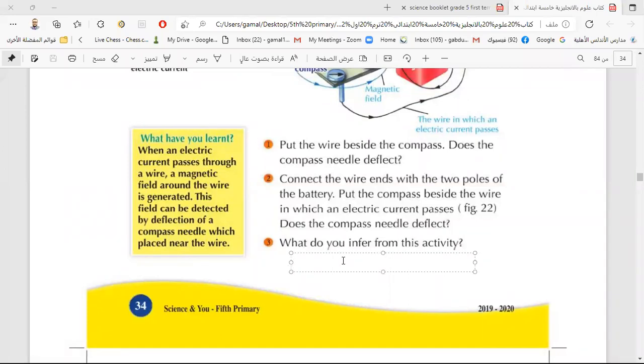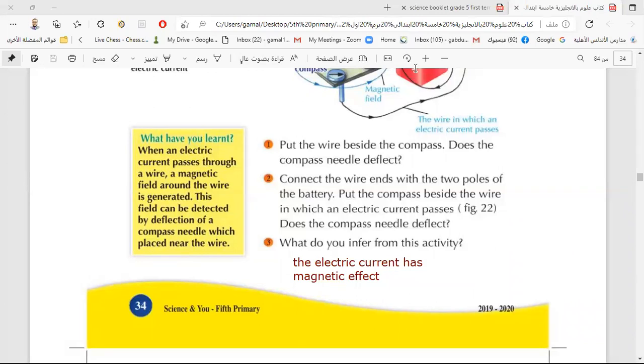We learn that the electric current has a magnetic effect because it affects the needle of the compass and deflects it. So what do you infer from this activity? The electric current has a magnetic effect. So easy.